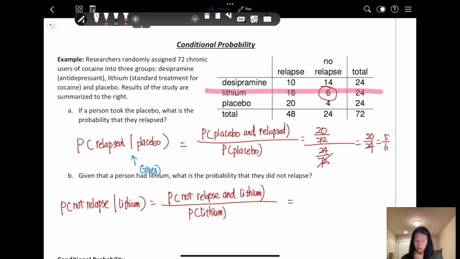So the probability of people who did not relapse and had lithium is 6 out of 72, over the probability of people who took lithium, which is 24 over 72. So when we simplify it, we cross cancel 72, with 6 over 24, which is 1/4.